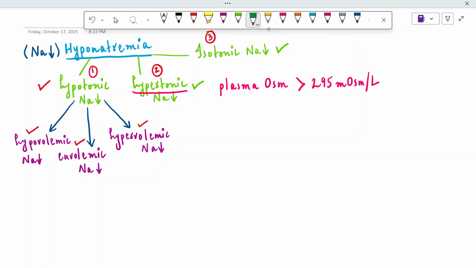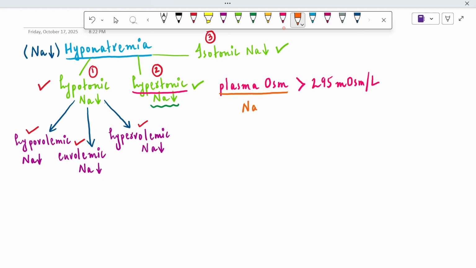But what are the conditions that lead to low sodium in the plasma? Let's talk about the etiology. Before that, I have told you that plasma osmolality is dependent on four factors.